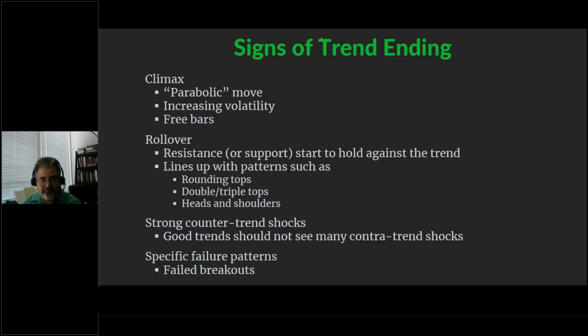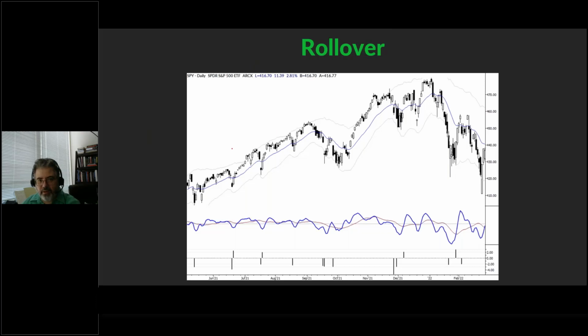We've talked at considerable length about climax. I'm going to talk just a little bit today about rollover. And what you see here is kind of the classic rounding top where the thing just runs out of momentum. Here's a chart example where we kind of draw this arc where it just ran out of momentum.